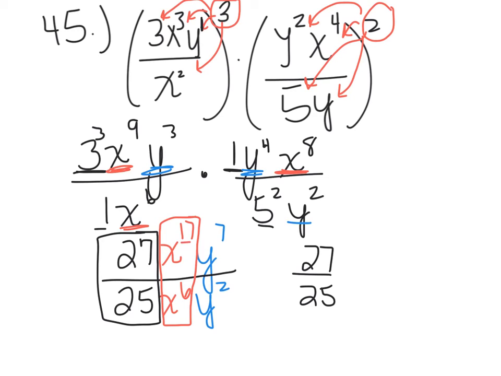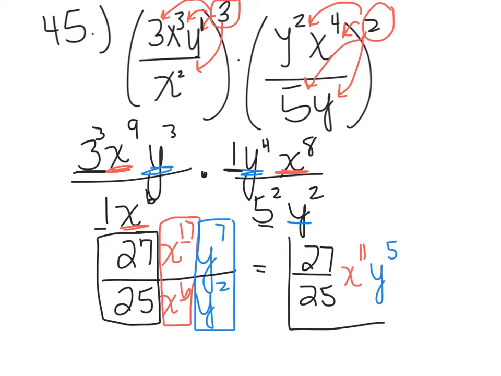So 17 minus 6 is x to the 11th. The last thing I'm going to simplify is y to the 7th over y squared, which is going to give me y to the 5th. Because again, when you divide like bases, you subtract their exponents. So my final answer is 27 over 25, x to the 11th, y to the 5th.